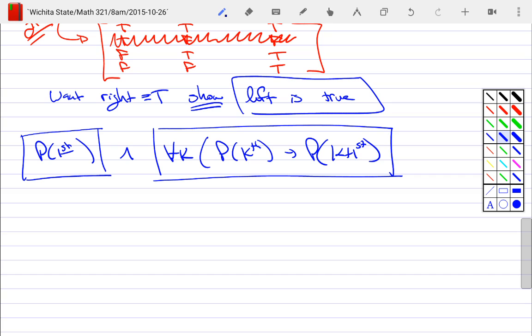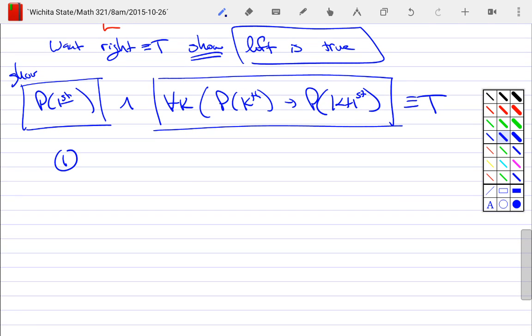It's a conjunction. If I have two objects under conjunction and it needs to be true, what do I need to do? Show they're both true. So showing this is true becomes two things.